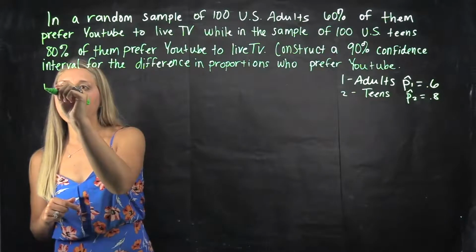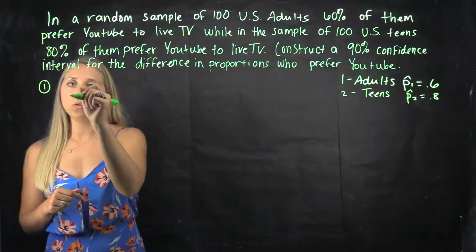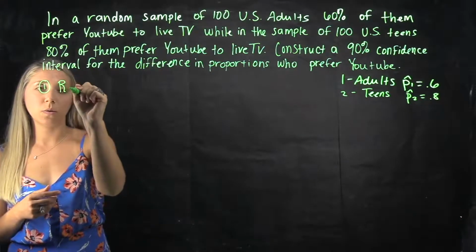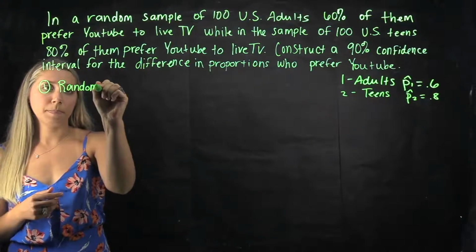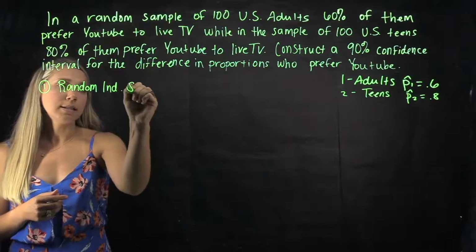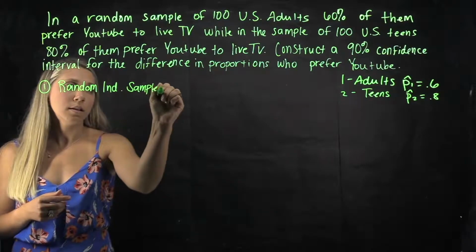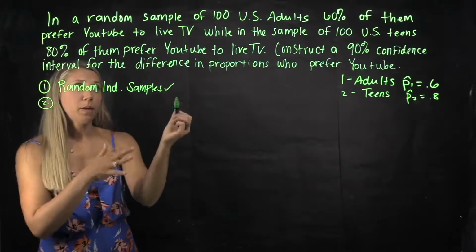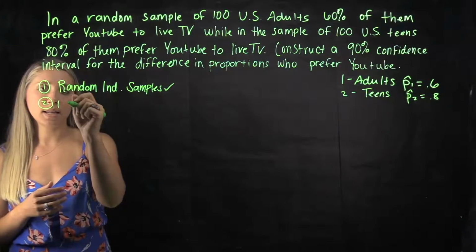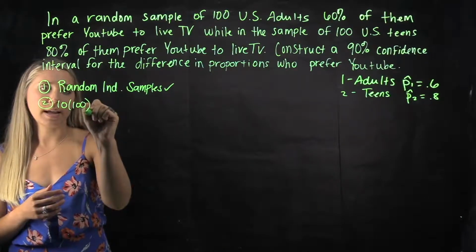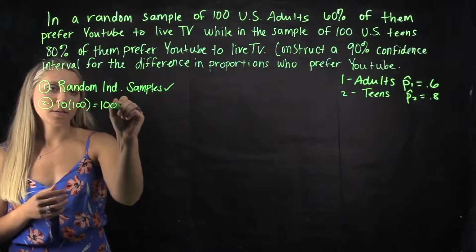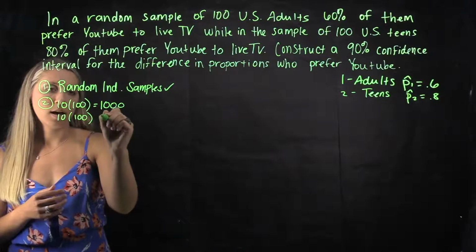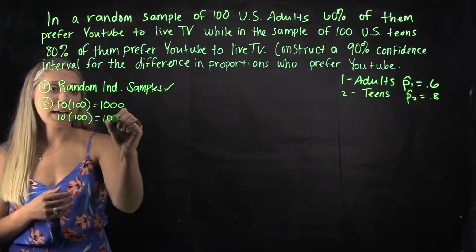So we have, one, two random independent samples. And then two, our 10% condition, so 10 times 100 equals 1,000, and same for both groups because they both are the same sample size.